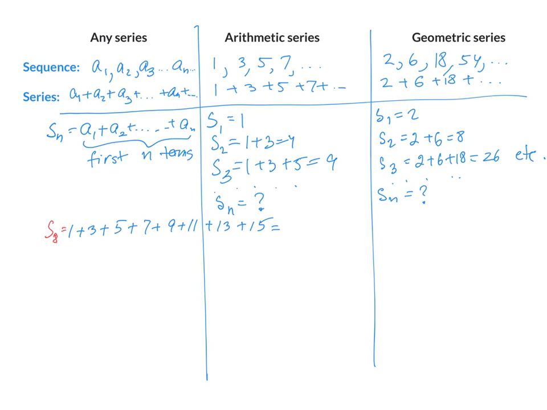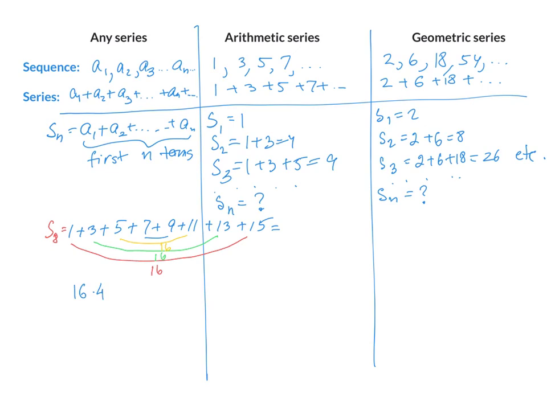I am noticing that if I add first and last, second and next to the last, third and next to the last, and the middle two terms, I'm going to get the same number, 16 every time. 16 here, 3 plus 13 is 16, 5 plus 11 is 16, and of course 7 plus 9 is also 16. So I have, I'm sorry, 4 couples. Each of them equals 16 together. So I need to take 16 four times.